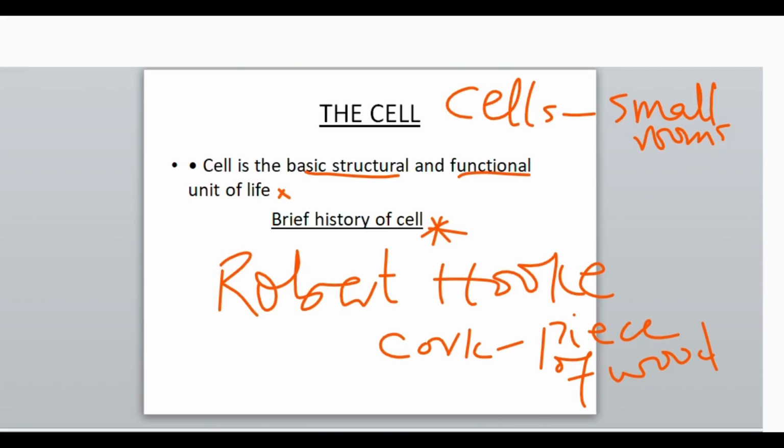After about 150 years, there was more advancement in science, and a better microscope was developed. Now, progress was actually made in cell discovery.